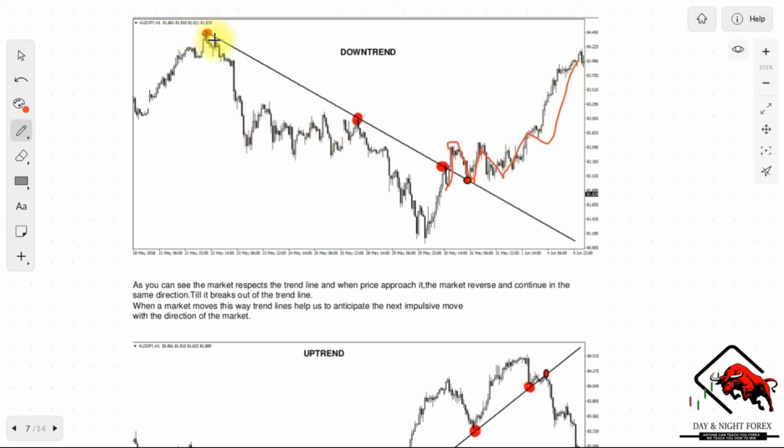But before that, whenever it touched that point, it just fell, until it came here, broke through and then retested, and that was the reversal of the trend. The uptrend basically started. So when the market moves this way, trend lines help us to anticipate the next impulsive move with the direction of the market.